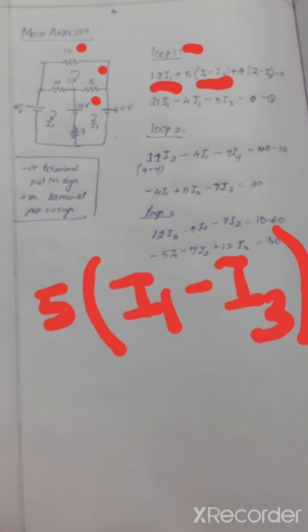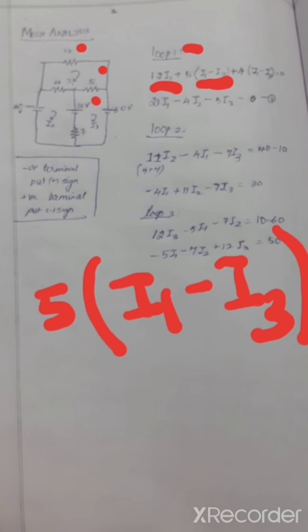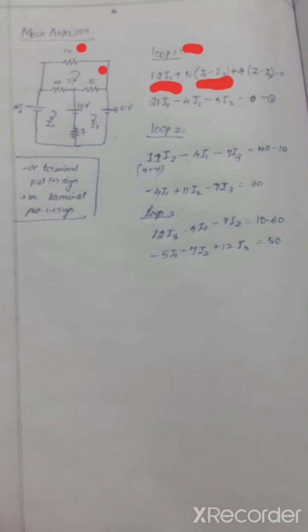Remember, the loop present nearer to the 5 ohm resistor is given a negative sign. Next, plus 4 into I1 minus I2.